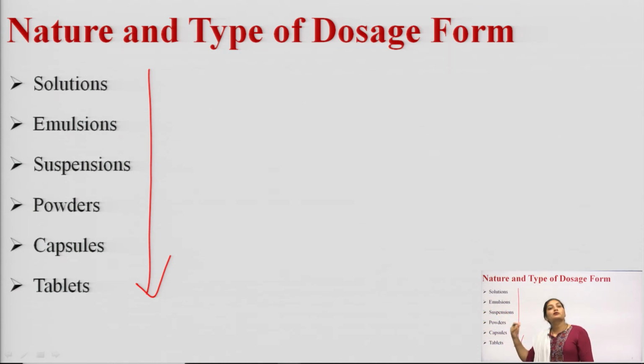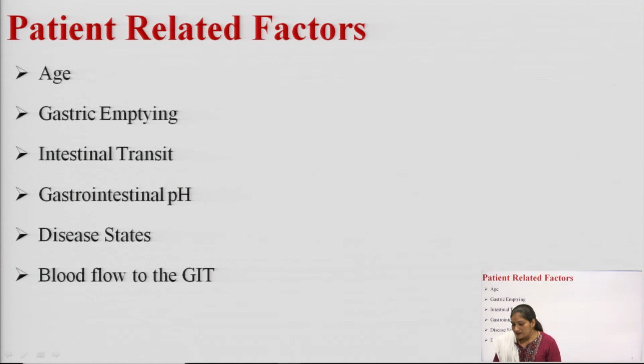The powder, capsule and tablet will take more time to get absorbed as compared to the suspension. So, this is the effect of the nature and type of the dosage form. Now, next are the patient related factors that can affect the drug dissolution.